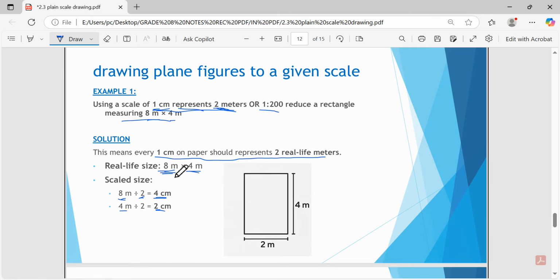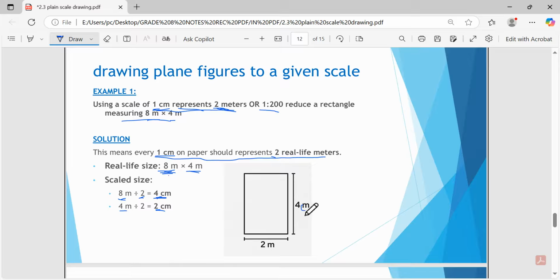How will you draw this 8 meters on the paper? All you need is this scale of 1 centimeter to represent 2 meters. If 1 centimeter represents 2 meters, what about 8 meters? 8 meters will be represented by taking 8 divided by 2 to get that in centimeters, and in centimeters, it will be 4 centimeters. So the 8 meters will be represented by 4 centimeters.